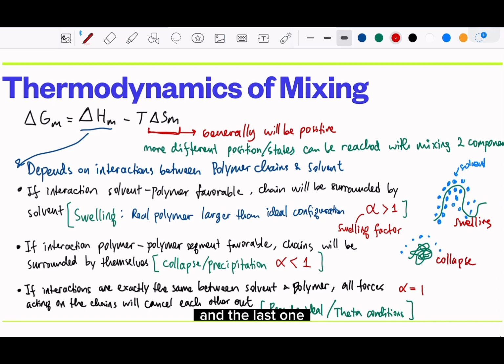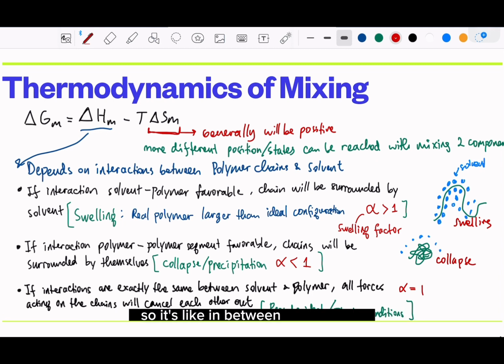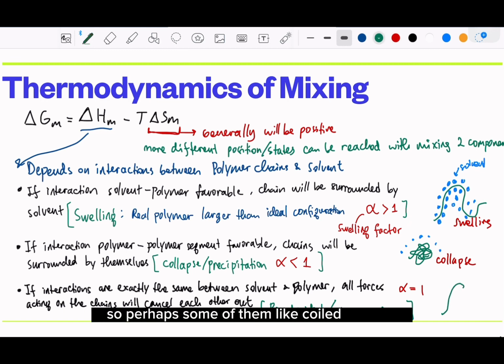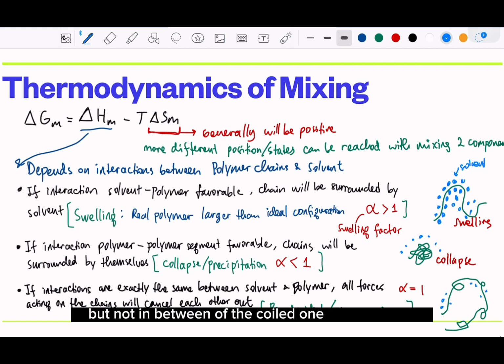And the last one, some of them collapse and some of them swell. So it's in between of these two. So perhaps some of them are coiled like that, but some of them have a solvent. So perhaps solvent is here, but not in between of the coiled one. Okay, perhaps.